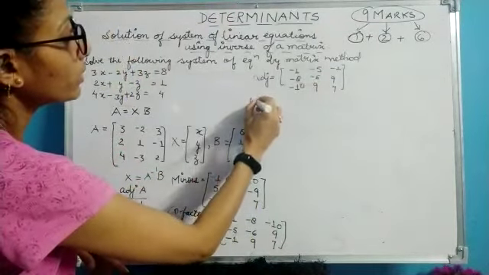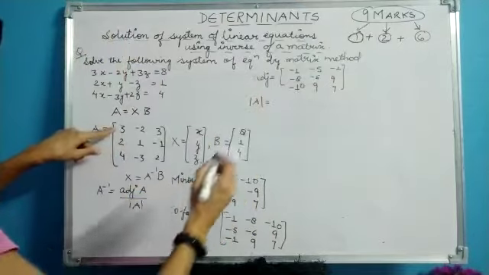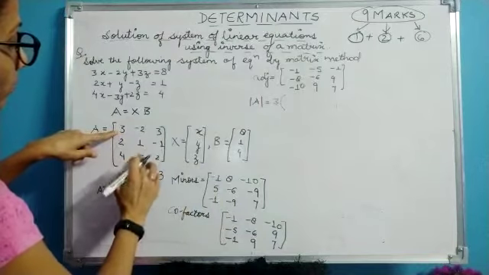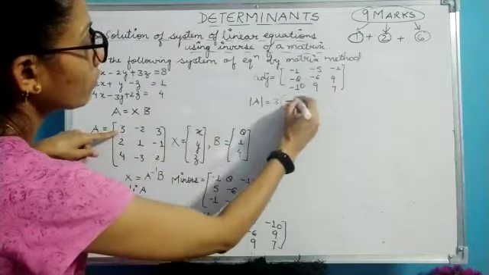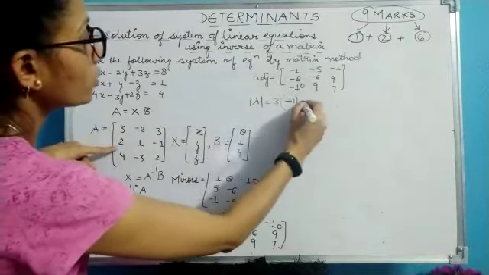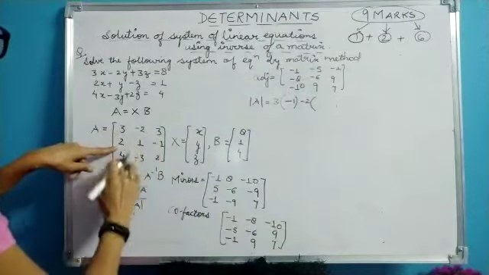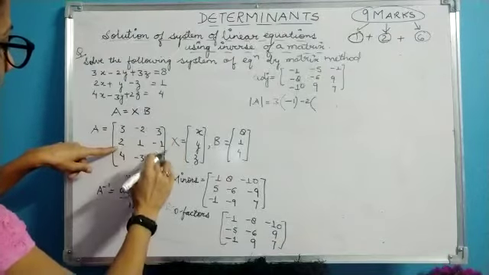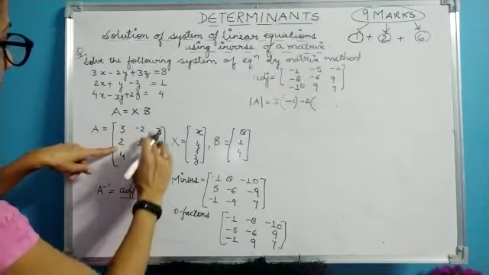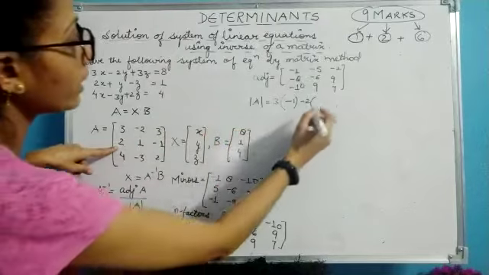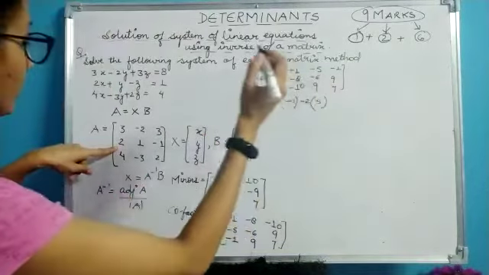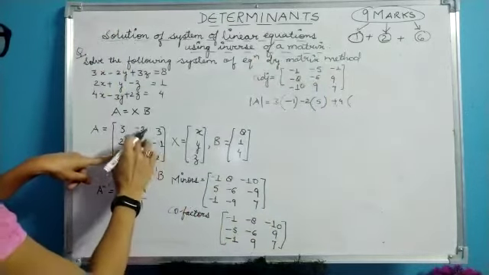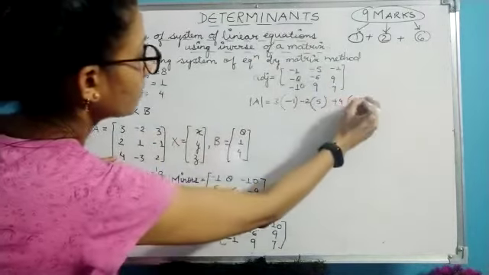Now for A inverse we need to calculate determinant of A also. So let's calculate determinant of A. So determinant of A will be 3 multiply 2 minus 3, which will be minus 1. Then this is 2, minus 4 and plus 9, which will give you just 5. Then it is plus 4, minus 1, 2 minus 3, which will give me minus 1.